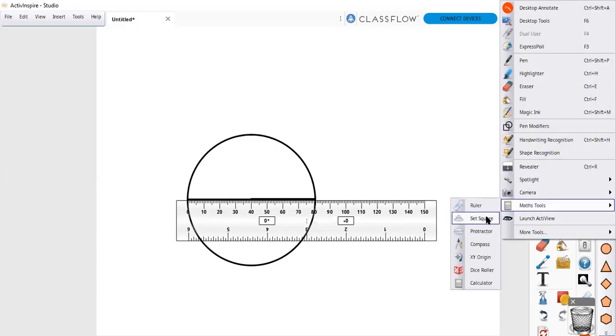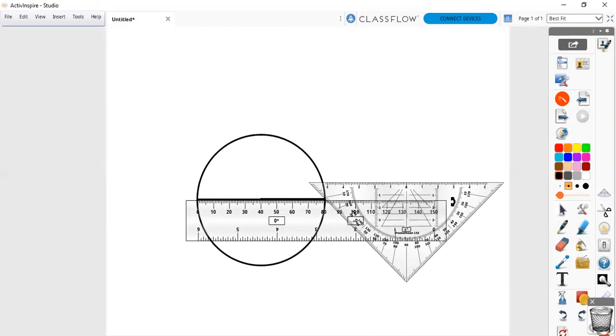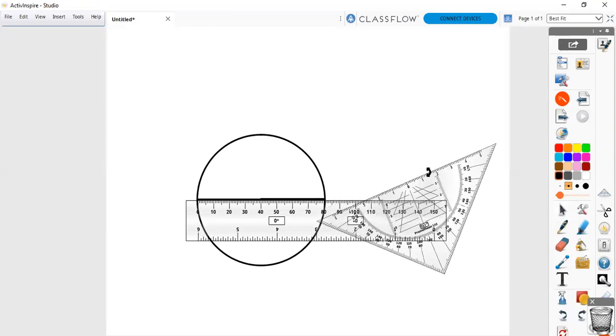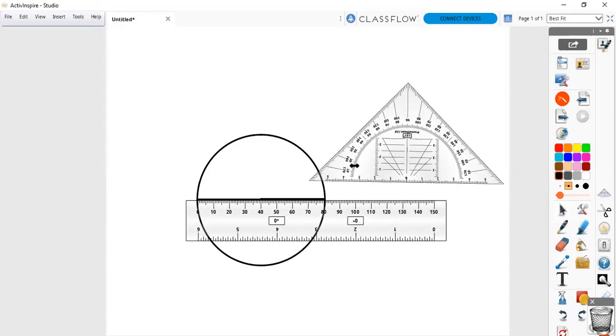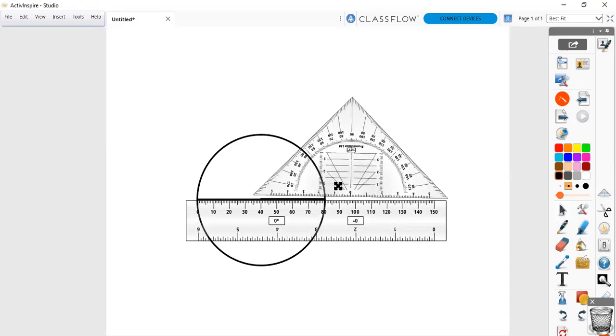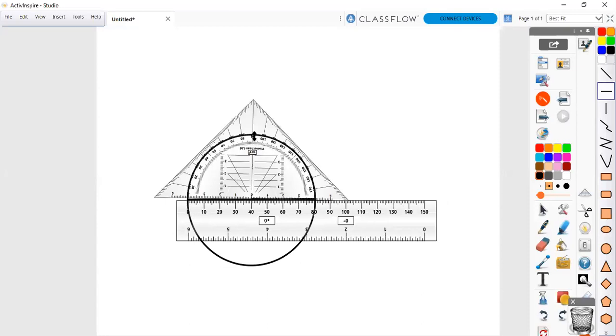You have this set square with you. So you are informed to use this set square. For using this set square, you need to use this 45 degree set square. How to use this set square is very important. I have already shown you several videos of using this set square. So from the center point, you can mark one point over here, and you draw one vertical line to draw the circle, right?